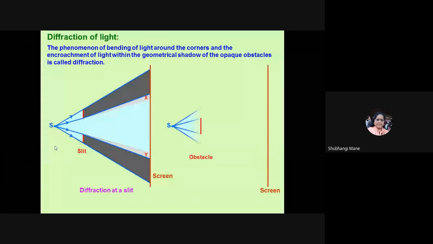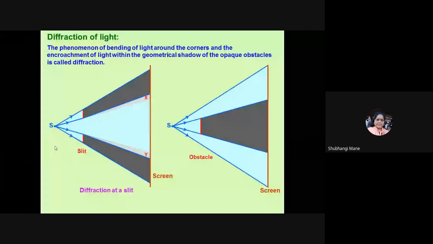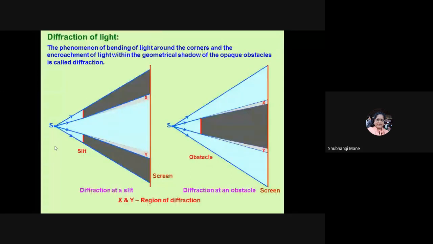Let me simplify: diffraction is simply bending of a light beam around the obstacle. ऑब्स्टॅकलच्या सभोवती आपल्याला मॅक्सिमा किंवा मिनिमा असे पॅटर्न्स ऑब्झर्व होतात, तर त्याला आपण म्हणतो डिफ्रॅक्शन. Let me clarify the things.